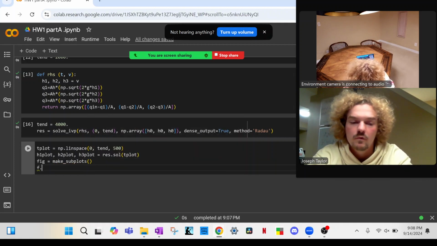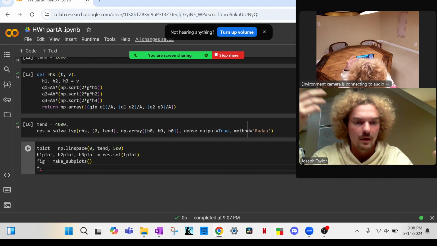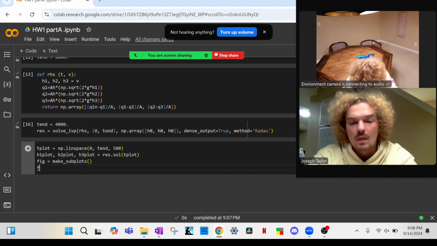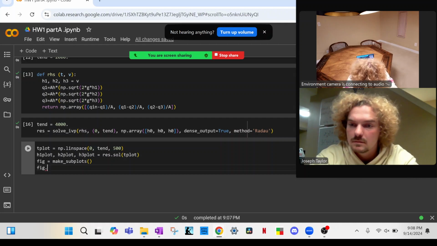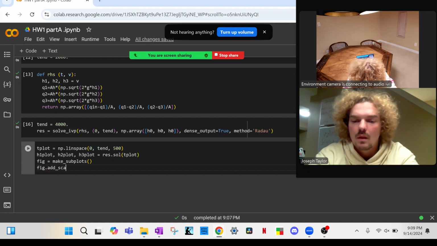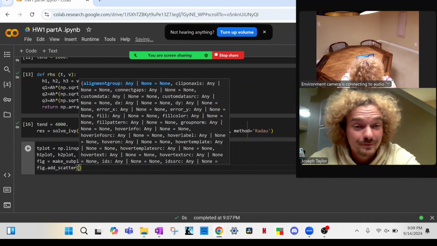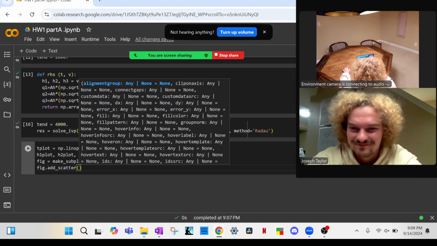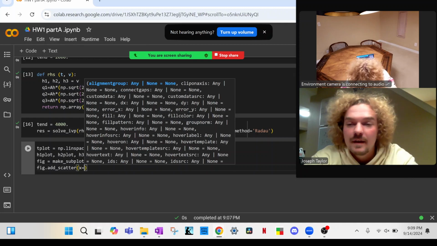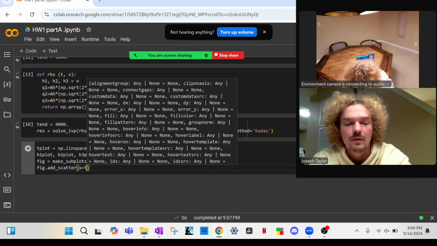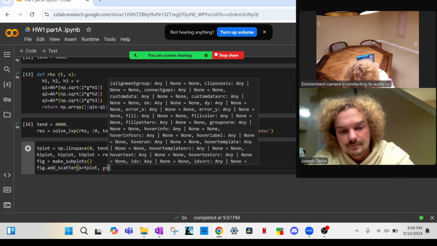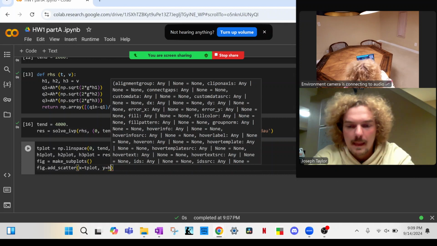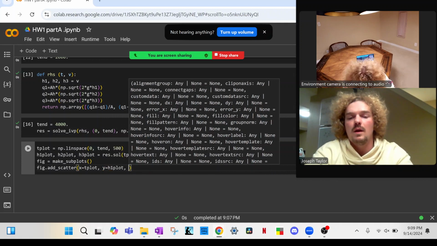And then we're going to start adding our scatter plots in. You would think that I would know that immediately after saying add scatter plots in. Anyway, we're going to set our x and y values. And then we've got to name it.